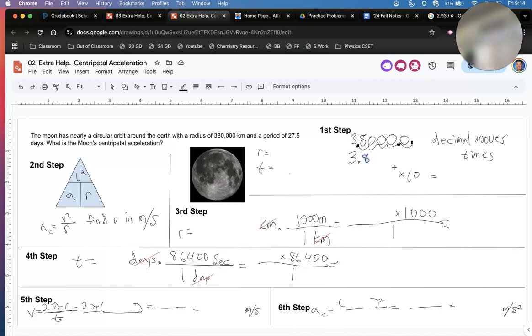So the decimal moves 5 times, which means we multiply it by an exponent of 5. So times 10 to the 5. Okay? Now they are the same number. 3.8 times 10 to the 5 is the same thing as 380,000.